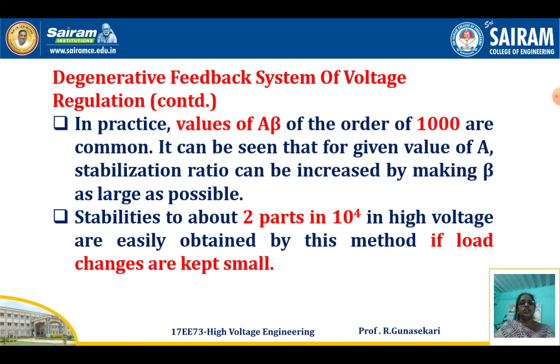Beta is the ratio of the potential divider. A stability of about 2 parts in 10 to the power 4 in high voltage is easily obtained by this method, that is the degenerative feedback system method, if the load changes are kept small.